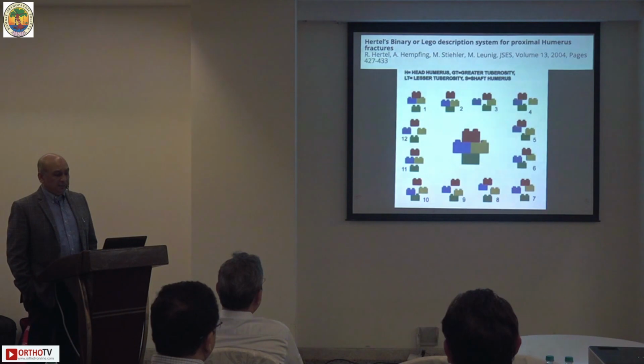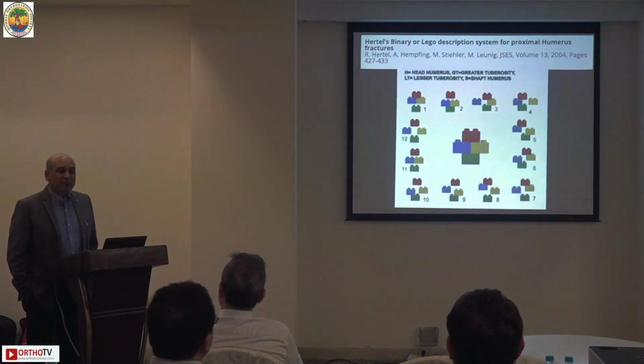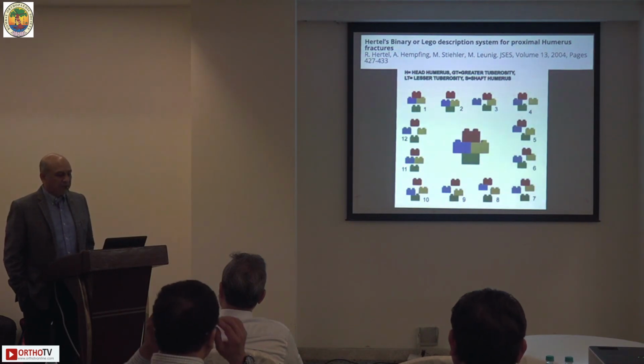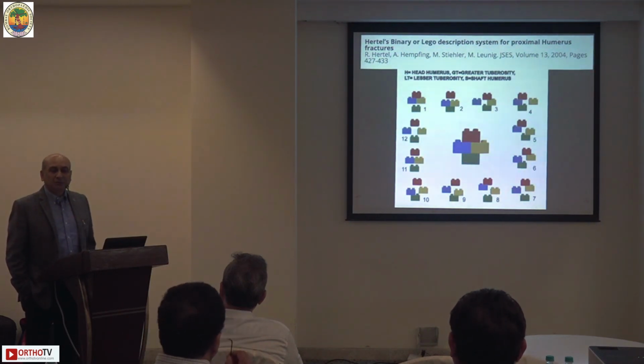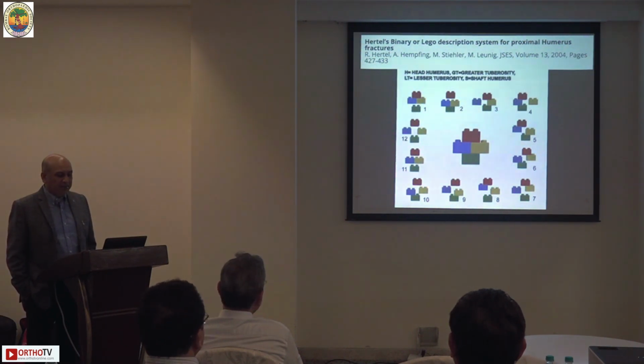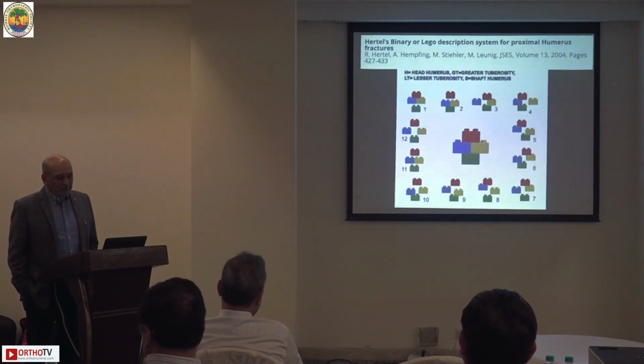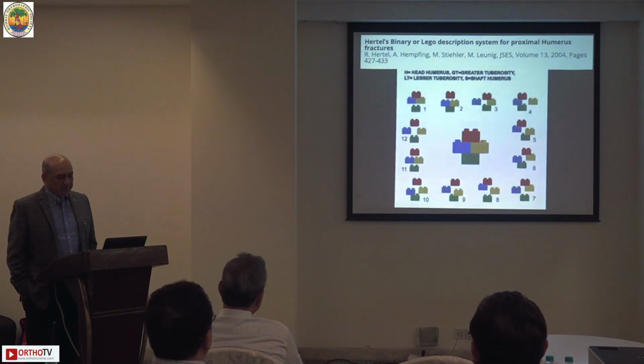Additionally, I find this concept really interesting, but I still don't find it adequate to describe proximal humeral fractures. Many of us have played with Lego bricks in childhood, where the red segment is the head segment, the blue segment is the greater tuberosity, yellow is the lesser tuberosity, and green is the shaft. And there are 12 subtypes of proximal humeral fractures depending upon which Lego brick is dissociated from each other.